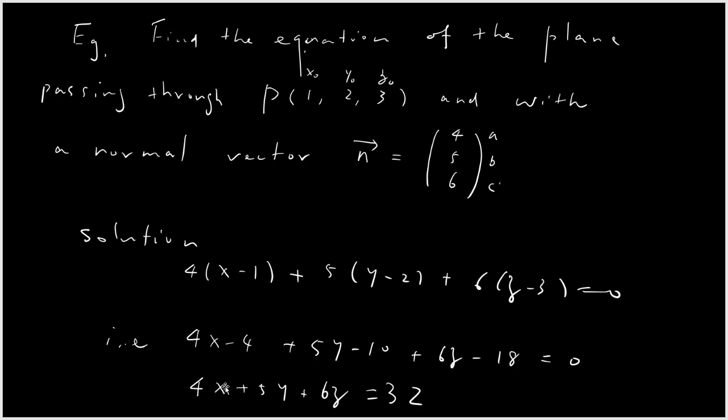The last form is called the standard form. And what do you call the first form? We do not have a name for that. I was trying to call it the point normal vector form, but that's not the standard term. It doesn't matter.